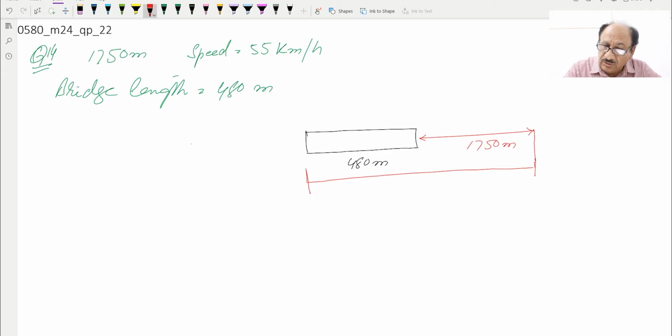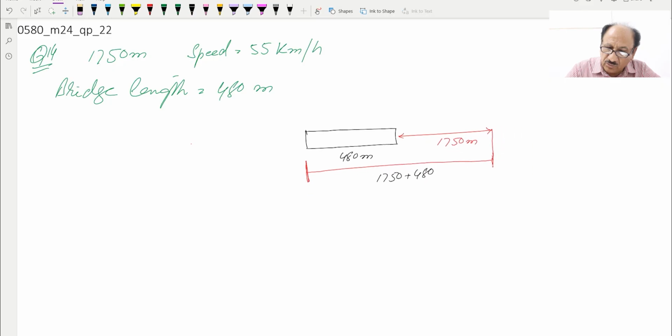So we will consider the end part. When the end part completely crosses the bridge, that distance will be our total distance. So we can take this as 1750 meters plus 480 meters. This will be the total distance covered by the last cabin of the train.